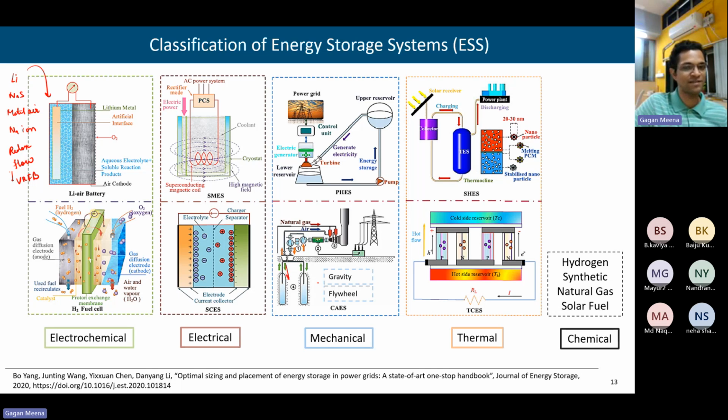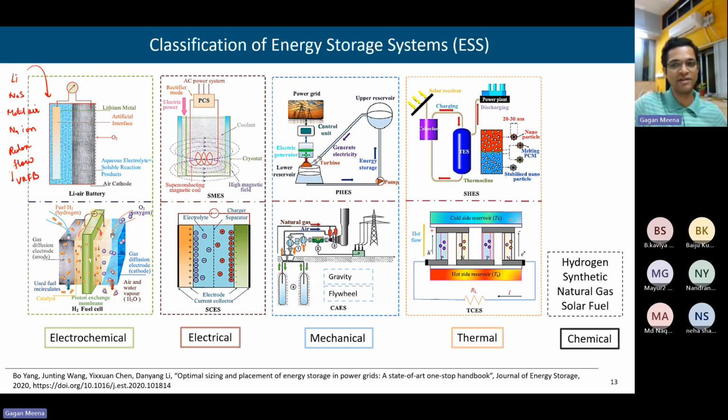The charging process is to compress the air in these underground caves, tubes, wells, and then when discharging is required, they will release the gas. And here we have the turbine generator system to generate the electricity. Okay, the mechanical is done.